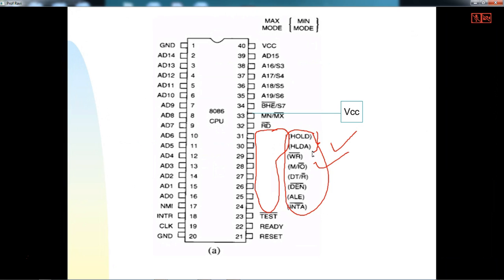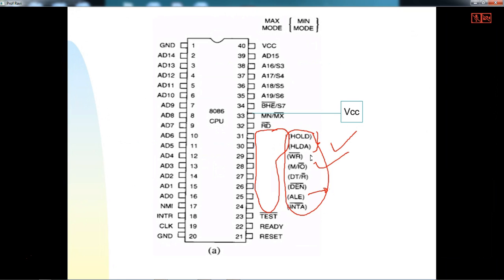This in detail we have seen. These are very important functions. ALE is address latch enable, which is used in address and data bus demultiplexing.